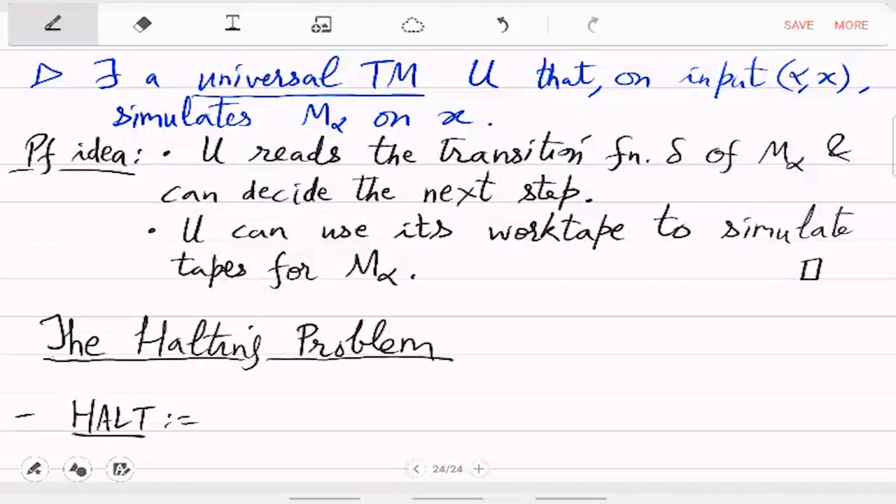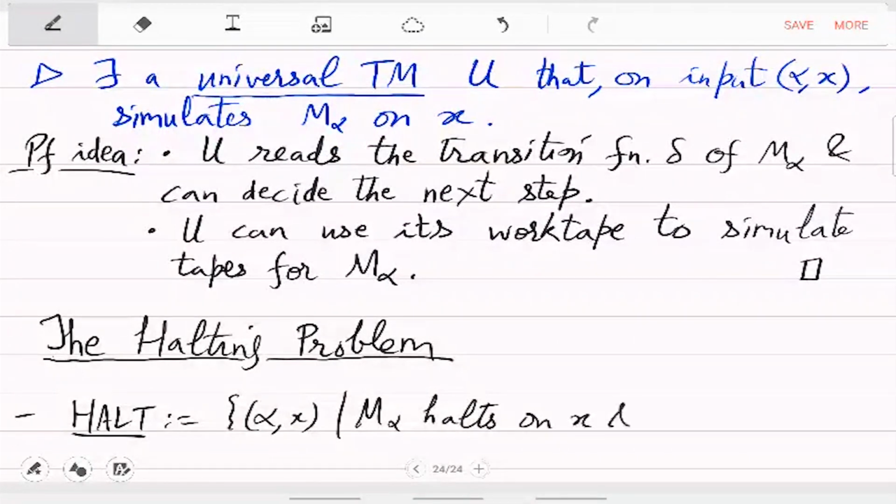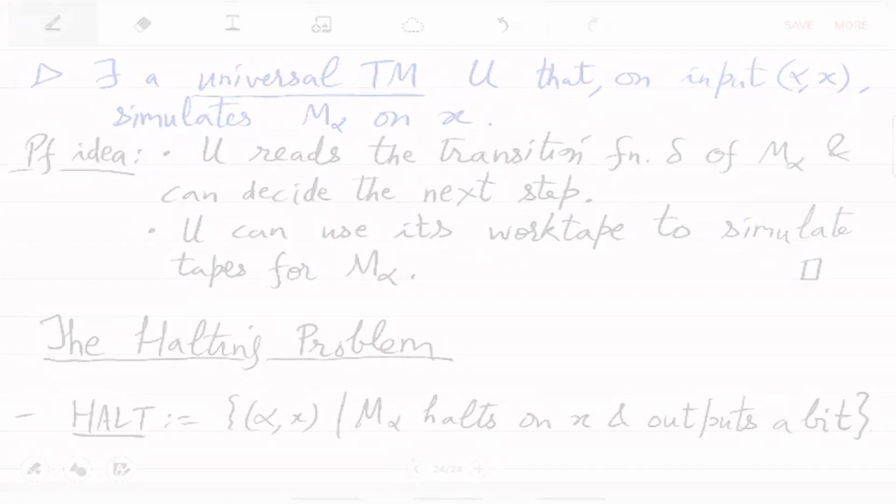HALT is the language consisting of strings which are Turing machines with inputs, such that M alpha halts on x and outputs a bit. Okay, so as the name suggests, these are Turing machines with inputs on which they halt and give an answer.